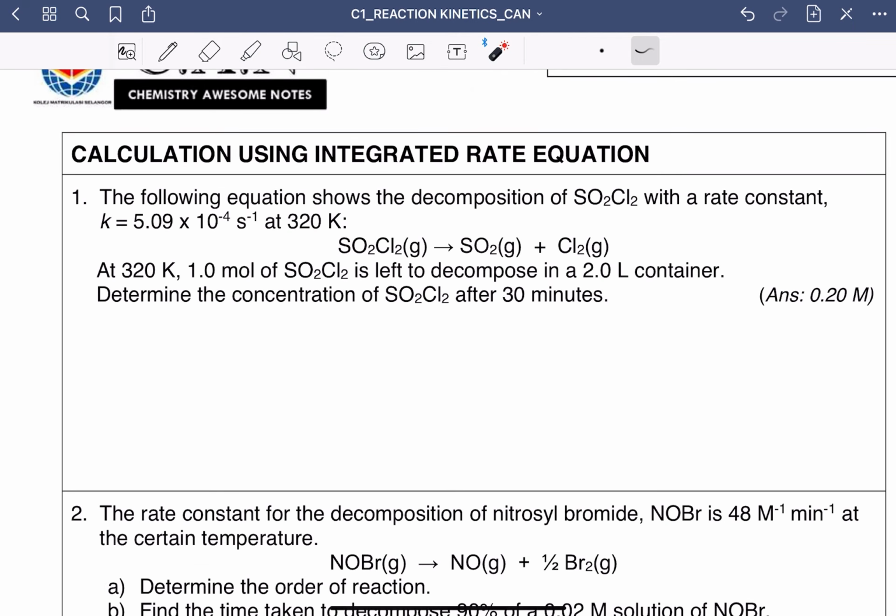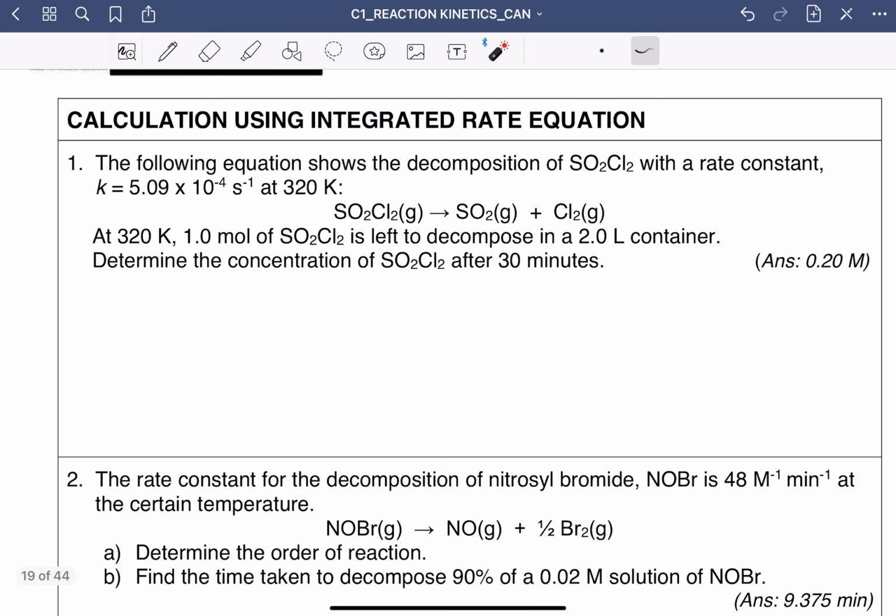So let's take a look at the example. How are we going to use the integrated rate equation? The following equation shows the decomposition of SO2Cl2. With a rate constant, as you can see, you are given K equals 5.09 × 10^-4 s^-1.